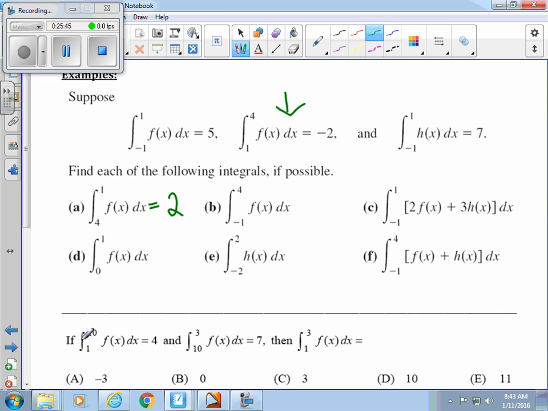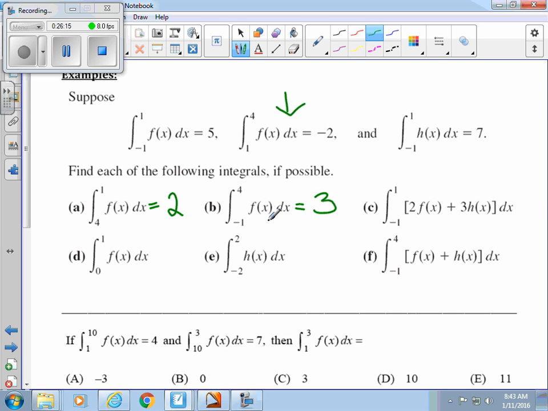Why? Very good. Additivity. This integral, remember, think area. This integral gives us the area from -1 to 1. And this integral gives us the area from 1 to 4. If I want the area all the way from -1 to 4, I would just add those up. So 5 plus -2, which is 3. Any questions about that one?